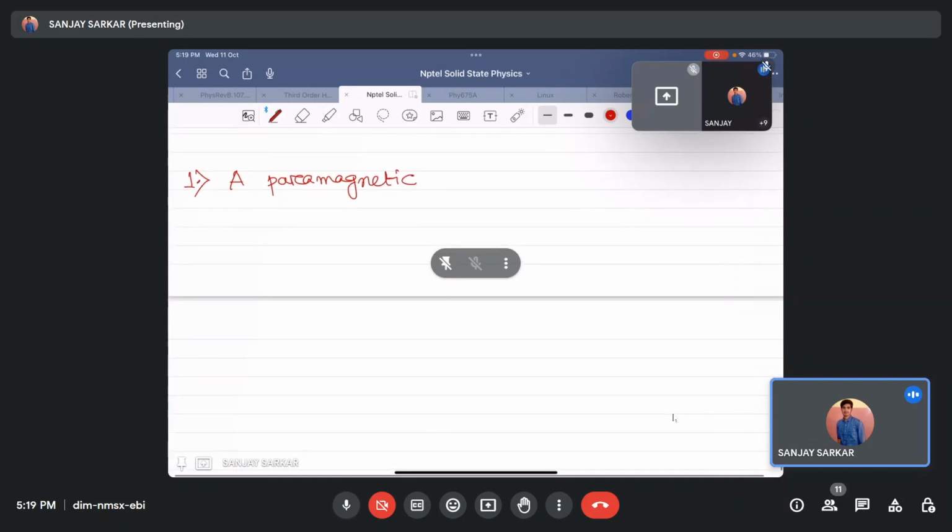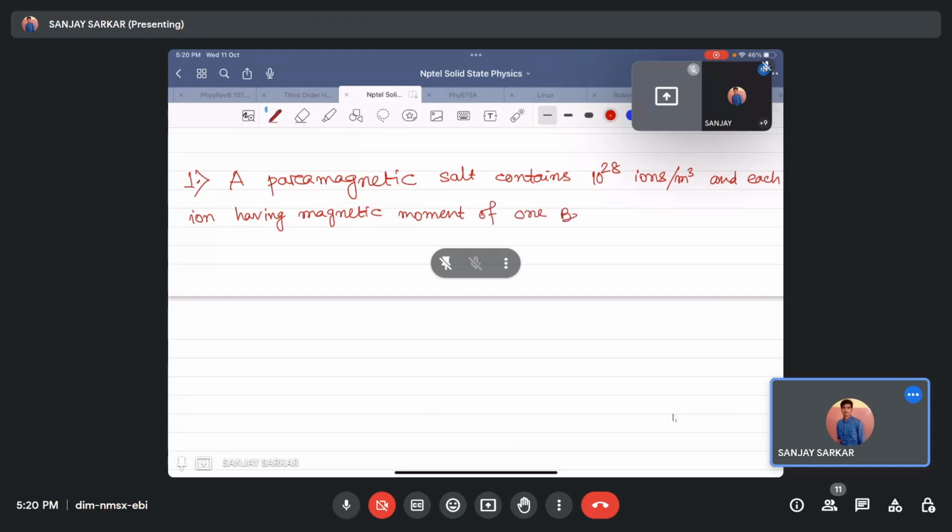A paramagnetic salt contains 10 to the power 28 ions per meter cube, and each ion has a magnetic moment equal to one Bohr magneton.